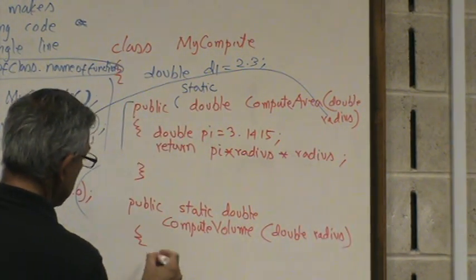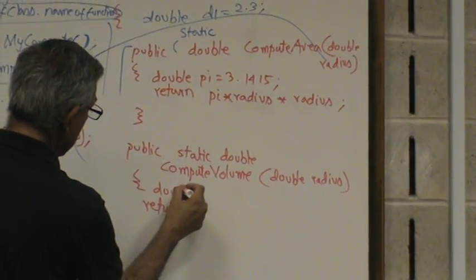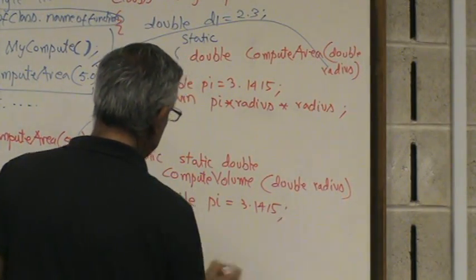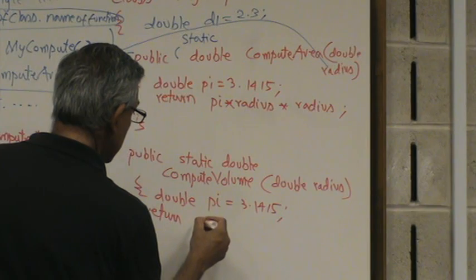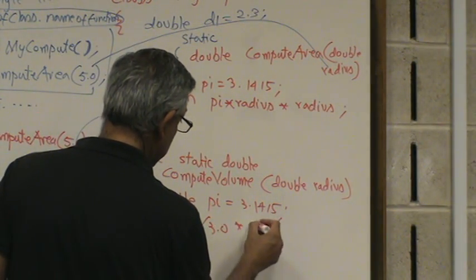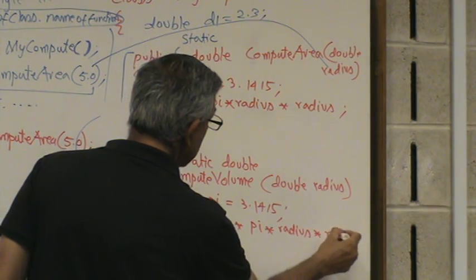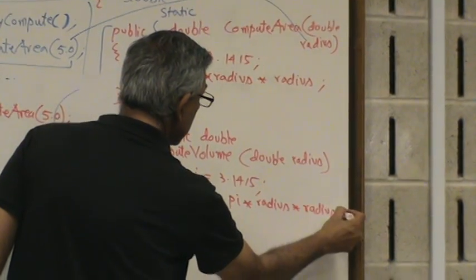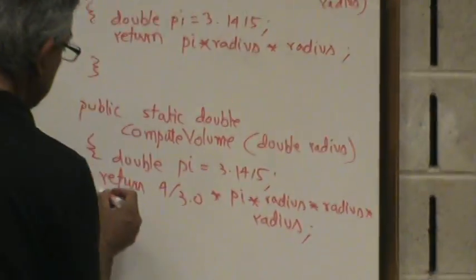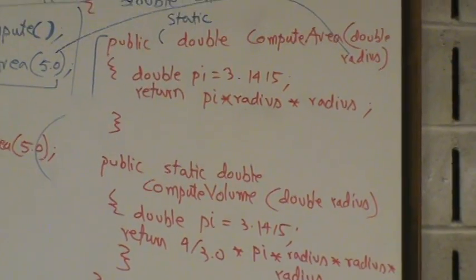And suppose I said, so again, double pi equal to 3.1415 and return 4 divided by 3.0 multiplied by pi multiplied by radius multiplied by radius. Remember, it's 4 over 3 pi r cubed, correct, is the volume. So now we have 2 functions inside the class.